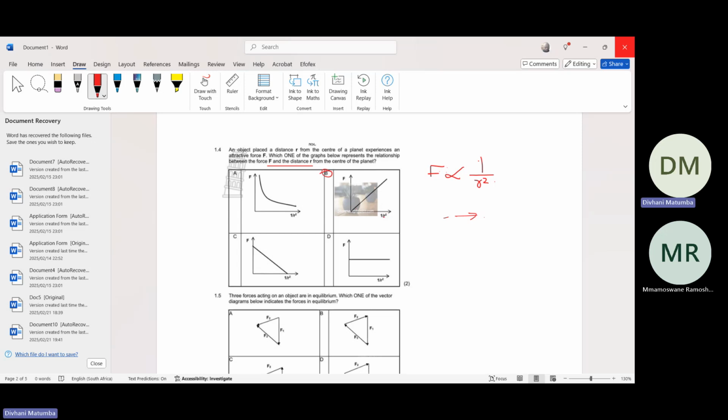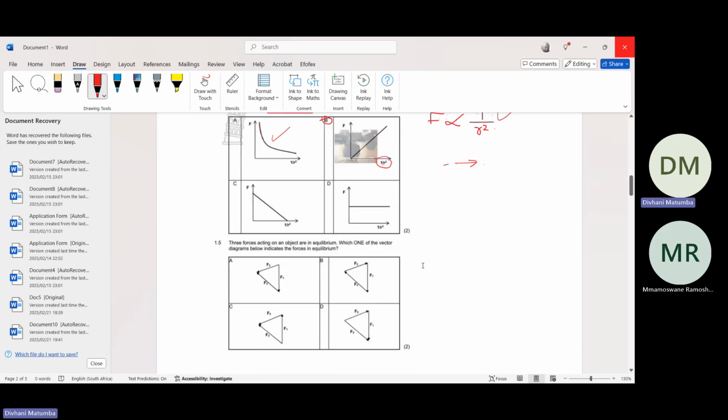Yeah, I agree with you, because what they've put here is 1 over r squared. That's good. If they had put r, then the graph we would be talking about is this one.